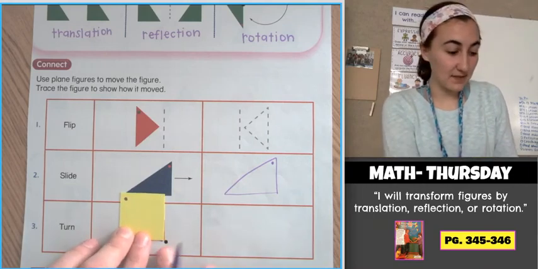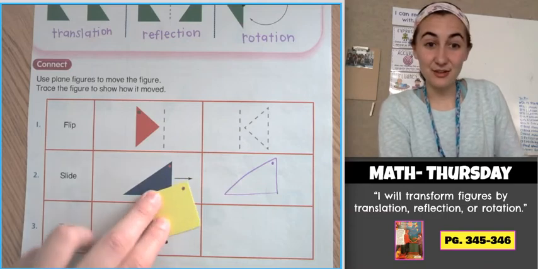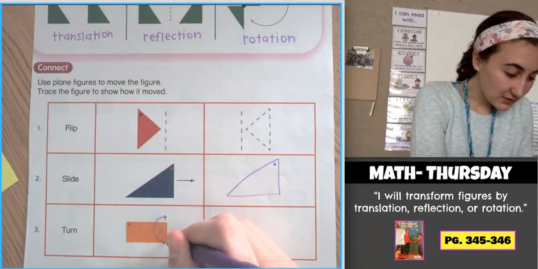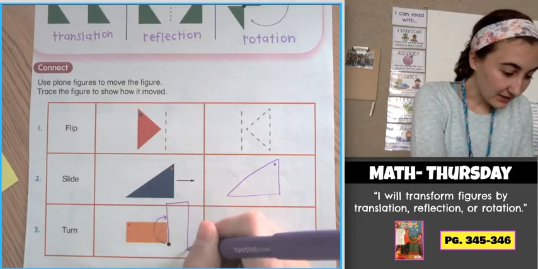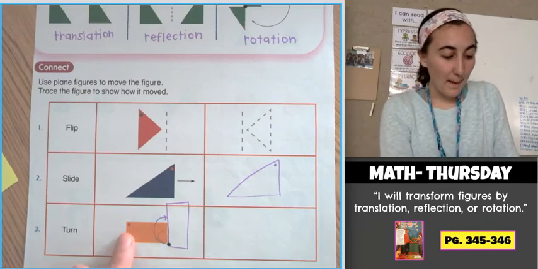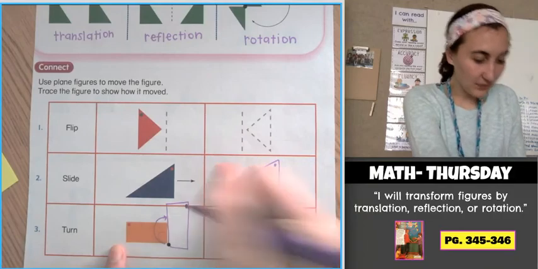I have to keep this corner on the focal point. The dot also rotates. So what I'm going to do is redraw my rectangle here, but staying on this focal point. My dot would also rotate with my rectangle.